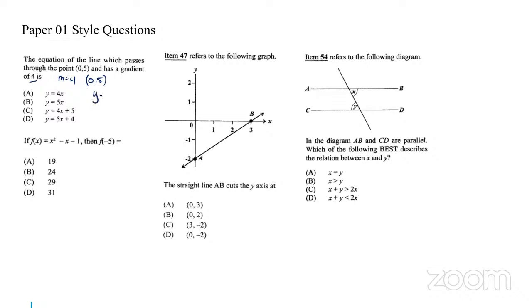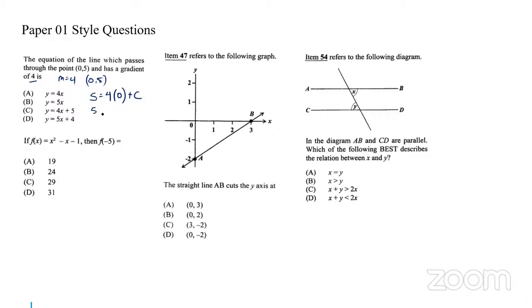So y equals mx plus c, m is 4. So I know the value of y, and y is equal to 5. 5 equals 4 times 0, 0 being my x value, plus c.